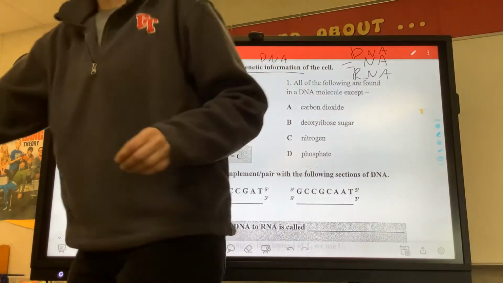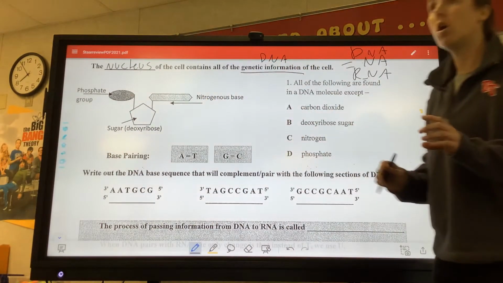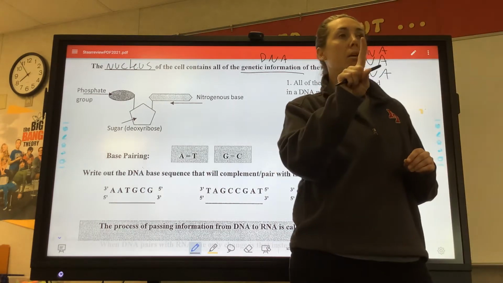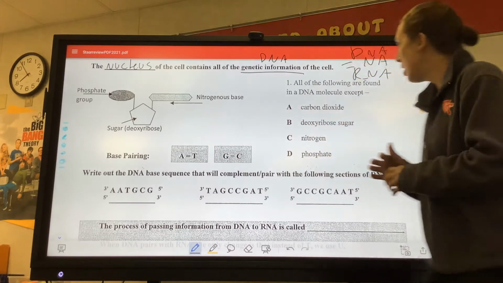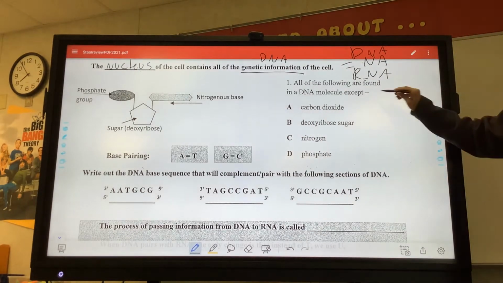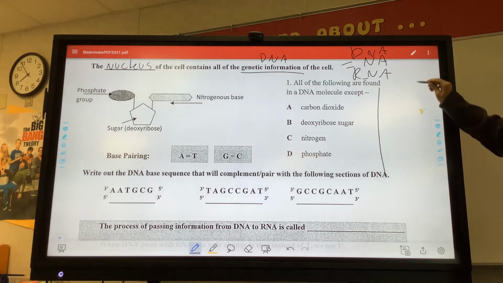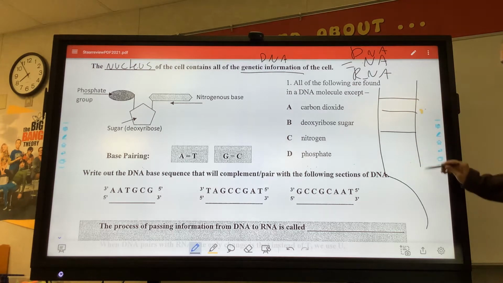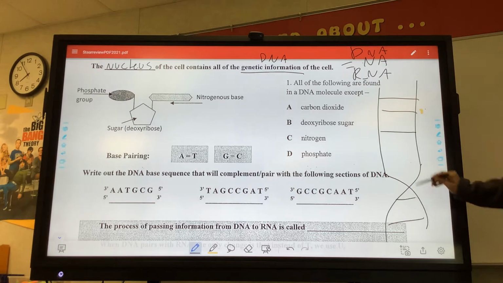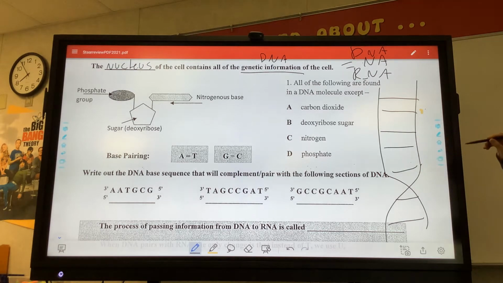Okay, so first off, we need to know what the monomer, mono meaning one, monomer of a nucleic acid is, and the polymer, poly meaning many. So guys, if this is a DNA strand, so remember it has the backbone, and normally DNA strands are twisted, but I'm just going to straighten it out for ease purposes. Okay, so here's your DNA strand.